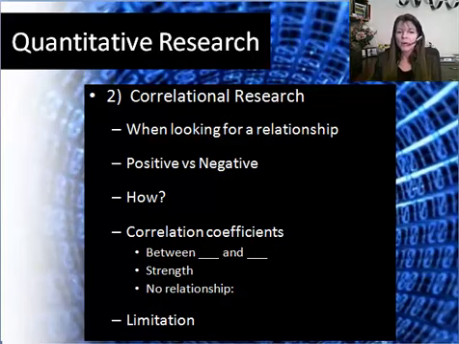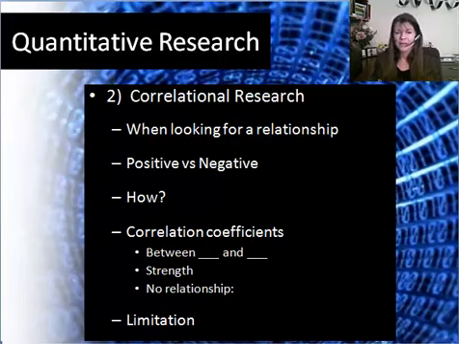For example, is there a relationship between color saturation in ads and sales? You can measure color saturation in a large number of ads and measure the sales produced by each ad. So you're just measuring both. Then you conduct a correlational analysis, and you hopefully remember that this produces a correlation coefficient, which is between what number and what number?